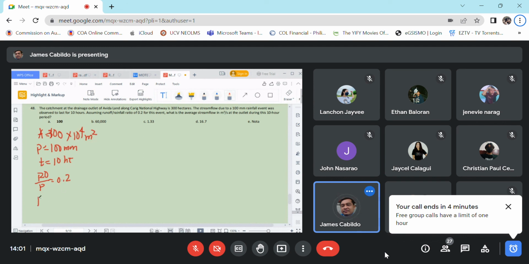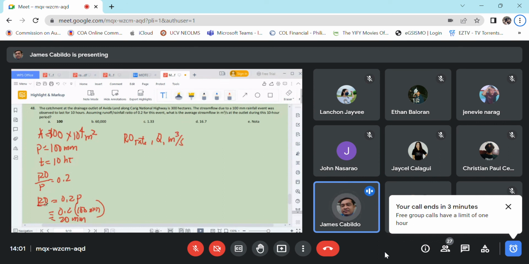So ang runoff natin is equal to 0.2 of precipitation, or that is 0.2 times 100 mm, or that is equal to 20 mm. So, ang hinahanap sa atin dito ay yung runoff rate. Okay? Runoff rate, o di kaya sometimes ginagamit natin ng Q, which is in cubic meters per second.